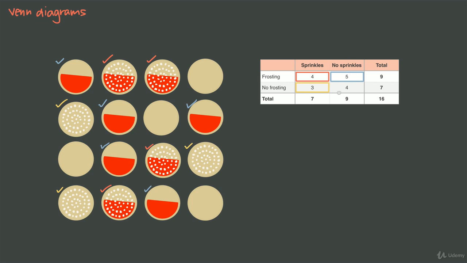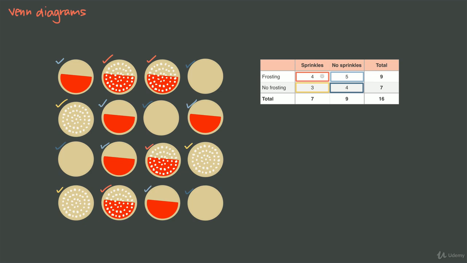And then finally, the last cell, which indicates cookies that have no frosting and no sprinkles. Those are going to be our plain sugar cookies that got nothing. So this cookie got nothing. 1, 2, 3, 4 cookies that didn't get frosting or sprinkles, so we put a 4 there.